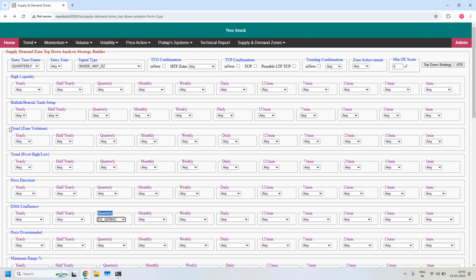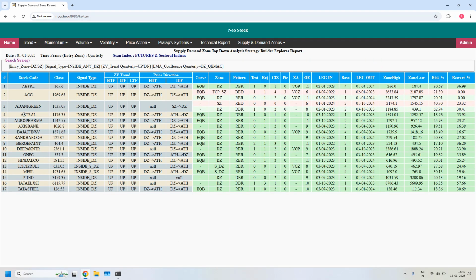So that's why in the trend at quarterly time frame, I don't include sideways trend. I include either up or down. With this filter, the list is reduced to 17 stocks. Currently price closed inside these quarterly demand zones, and these quarterly demand zones are having quarterly EMA Confluence.